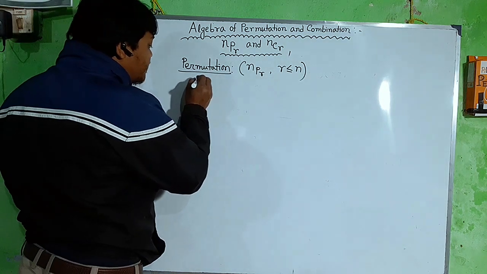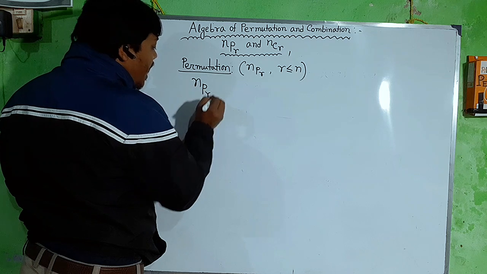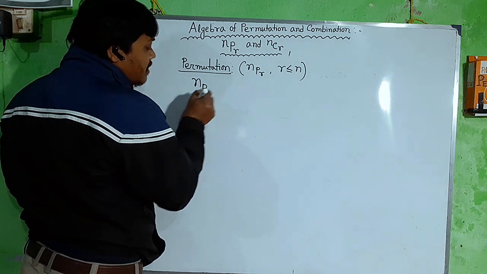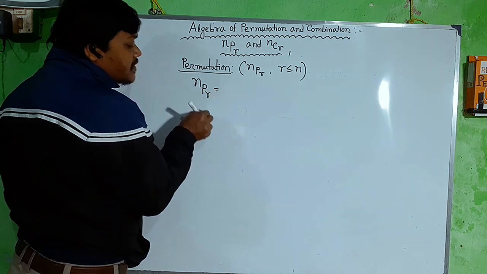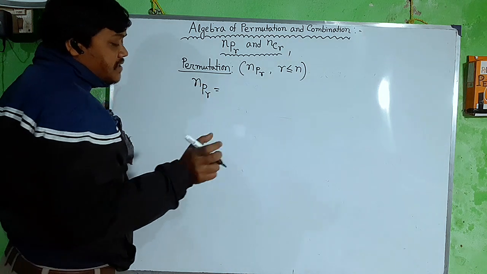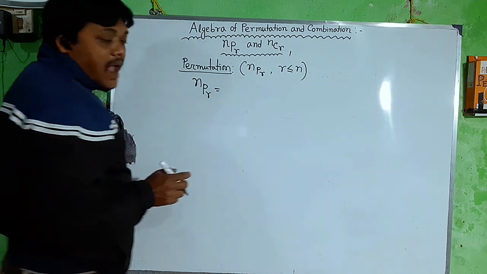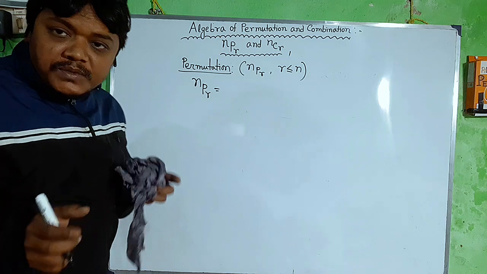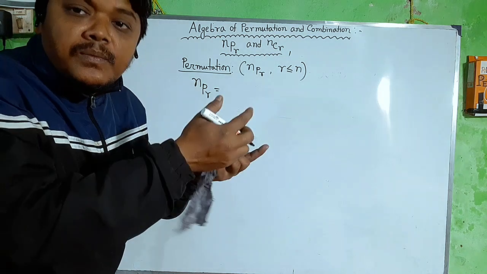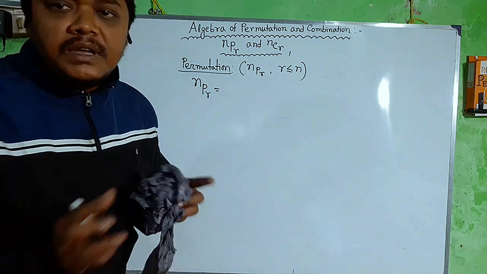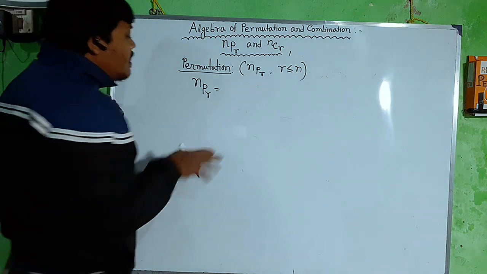By the definition, nPr is the permutation: taking r objects at a time from n objects and arranging them.